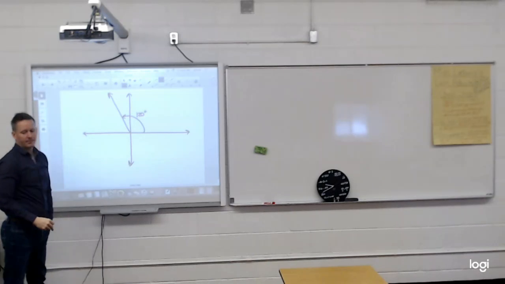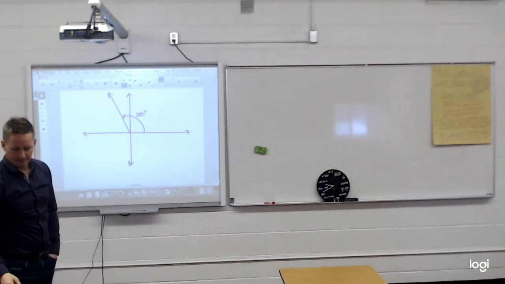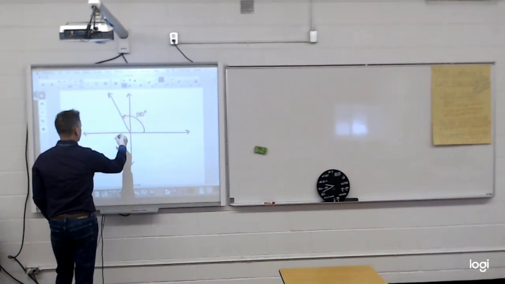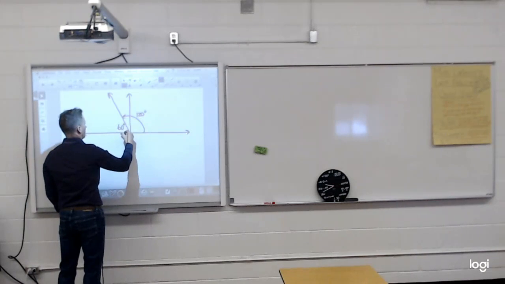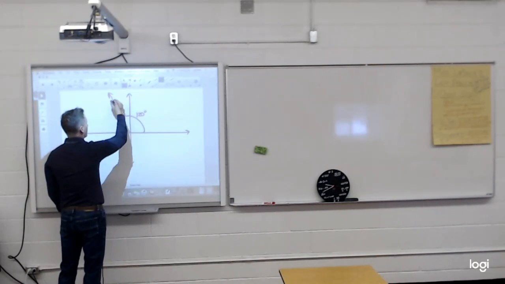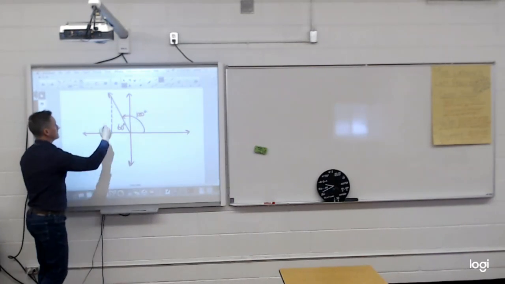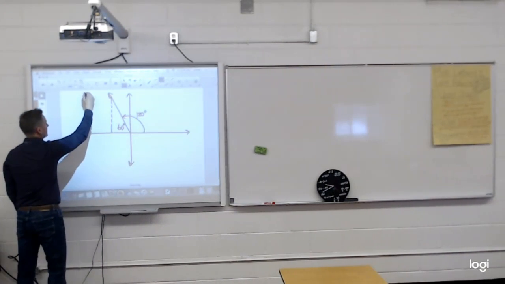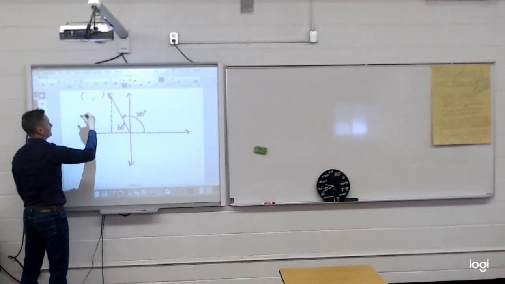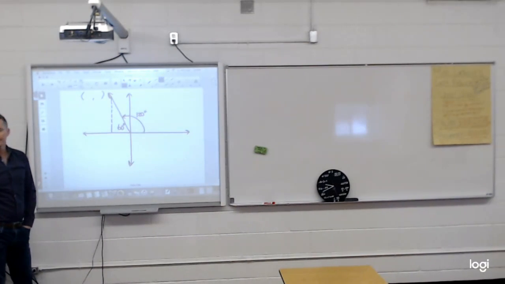What does that make my reference angle? 60 degrees. Okay. So what I've learned then, from what we have done already, is I know what this coordinate is. What is that coordinate? What's the cos of 60 degrees? 1/2. It's a half.